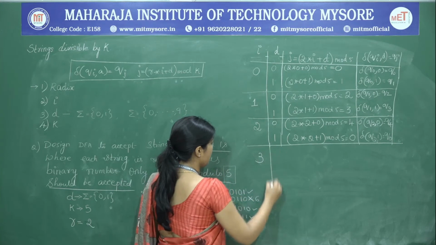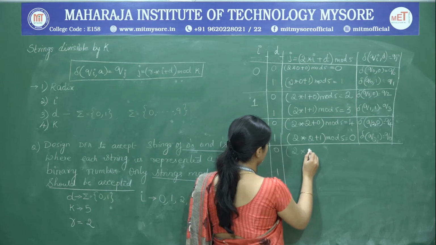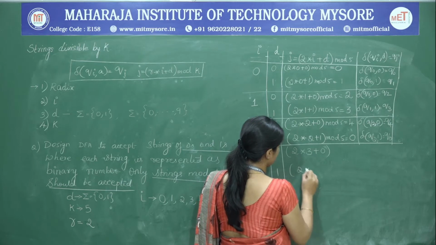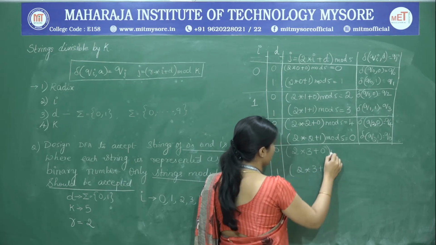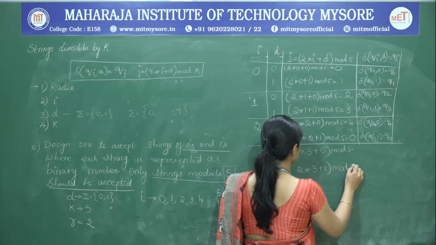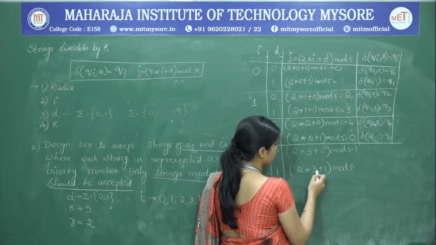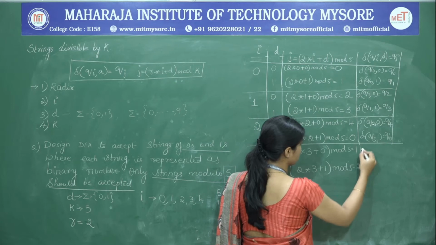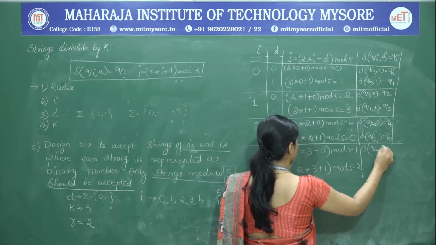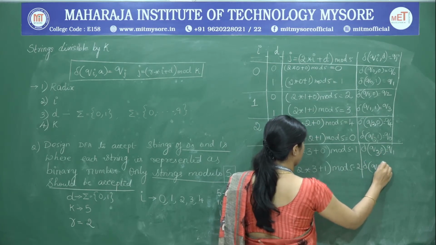Similarly, for state 3 on 0 and 1, this is 2 multiplied by 3 plus 0, 2 multiplied by 3 plus 1 mod 5. So this is nothing but 6 mod 5, the result is 1. This is 7 mod 5, the result is 2. So we'll fill up the transitions. Q3 on 0 is Q1 and Q3 on 1 is Q2.